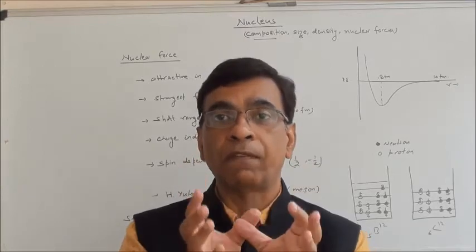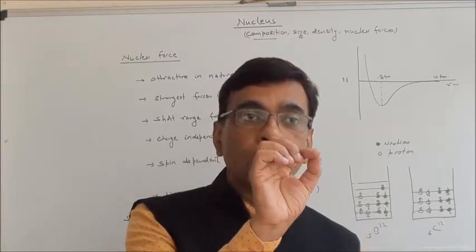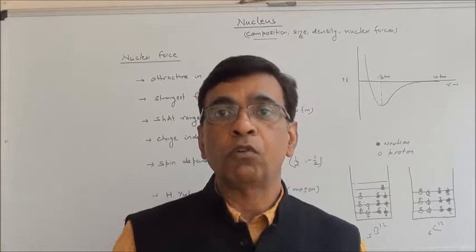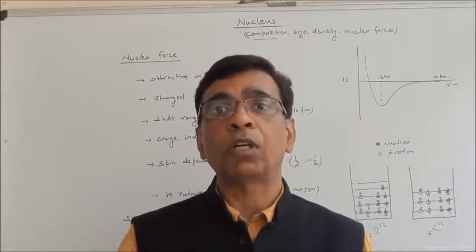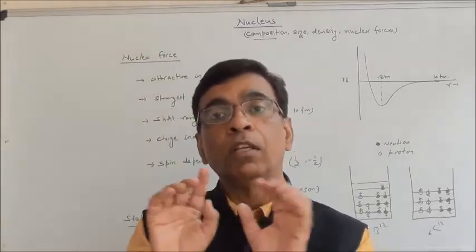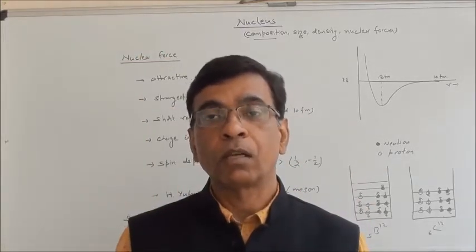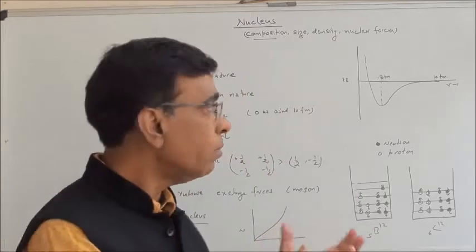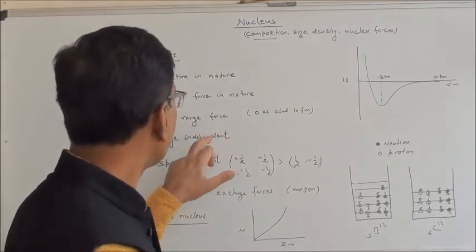If we take a very large nucleus and want to find the nuclear force at one nucleon at the center, then those nucleons at the boundary of the nucleus don't exert any attractive force. So this force is only by neighboring nucleons.